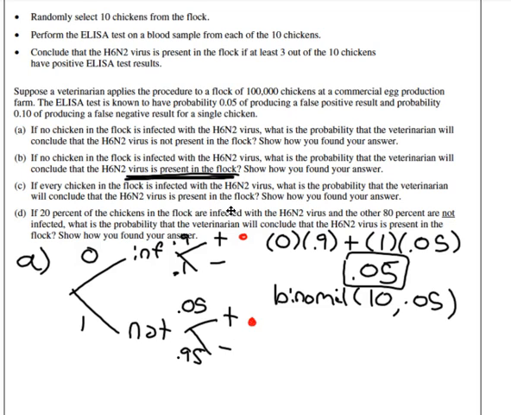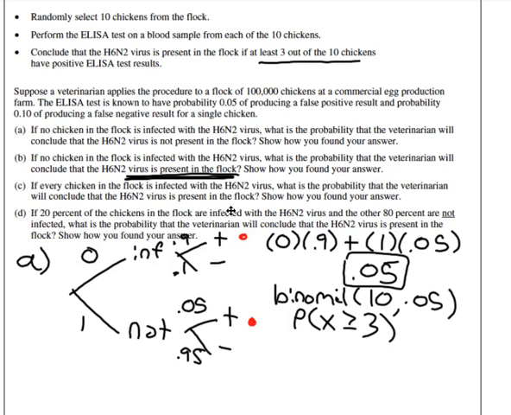So here, the virus being present, that would legitimately take 3 out of the 10 chickens. So we'd be looking for at least 3 being infected, right? So if X is the number infected, we would need at least 3, right? So we want to find the probability of coming back with at least 3.